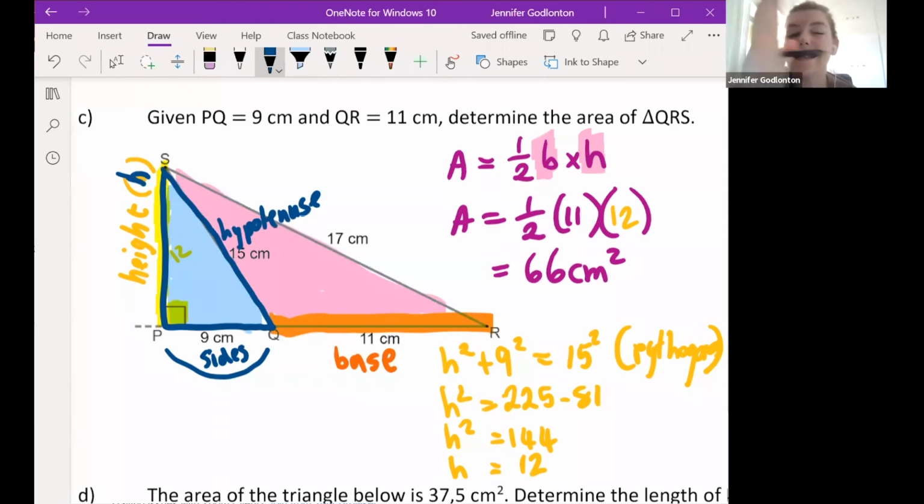In that separate blue triangle, we use the 9 and the 15 in order to find this height, because we need that height in our area formula. Oh, okay, ma'am, I understand it now. Thank you. No problem.